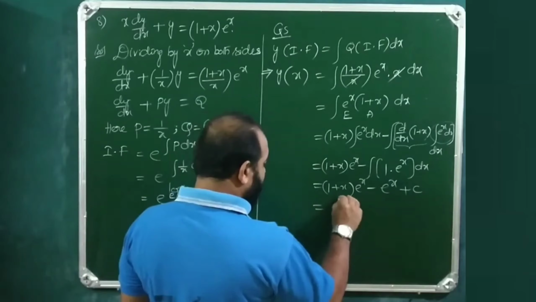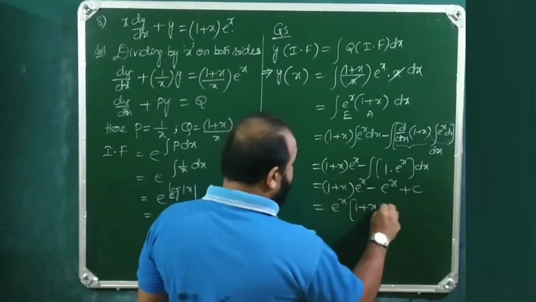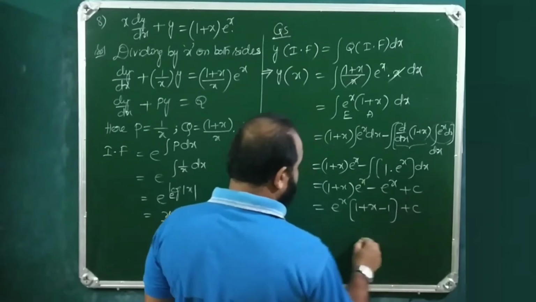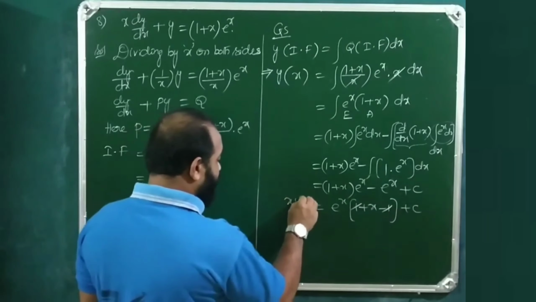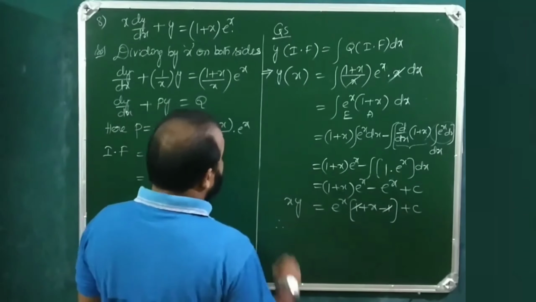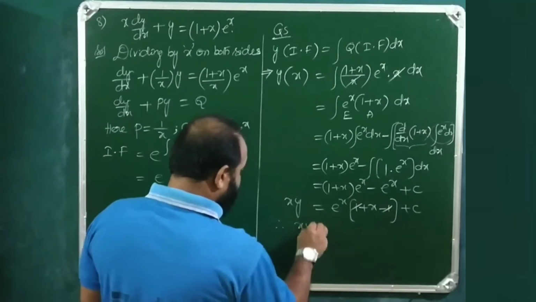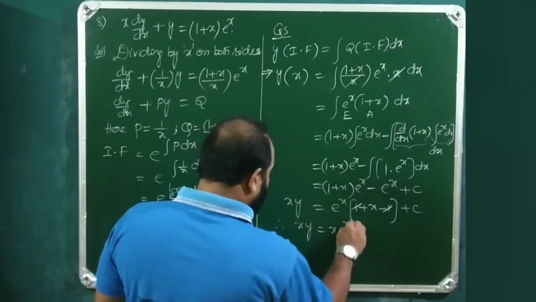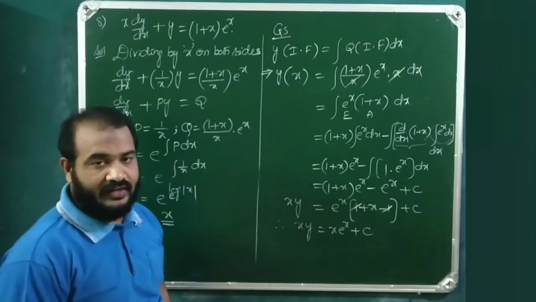Take e power x as common in both of them. Then this is (1 plus x minus 1) plus c, so this one gets cancelled. Therefore xy equals x e power x plus constant of integration c, the required solution.